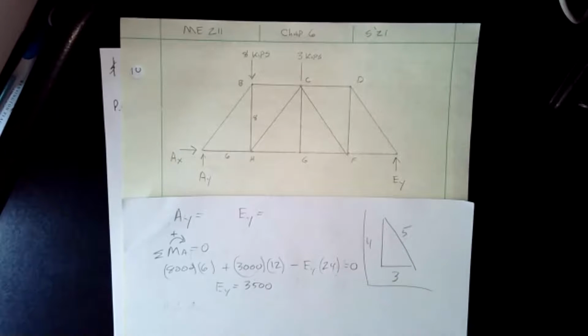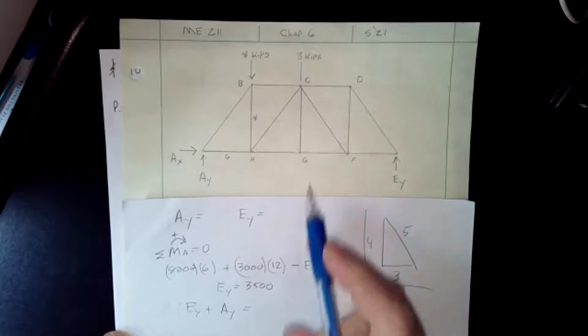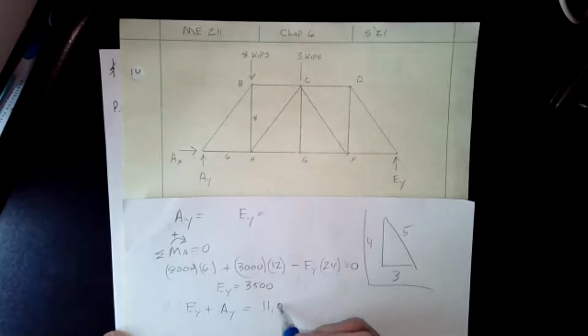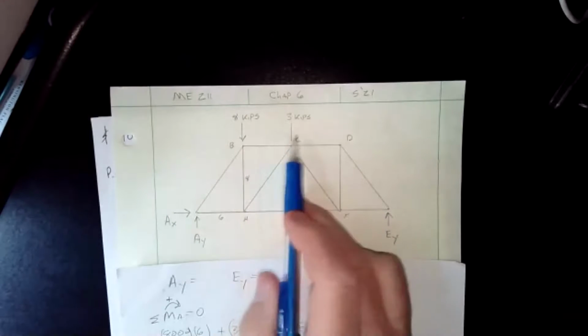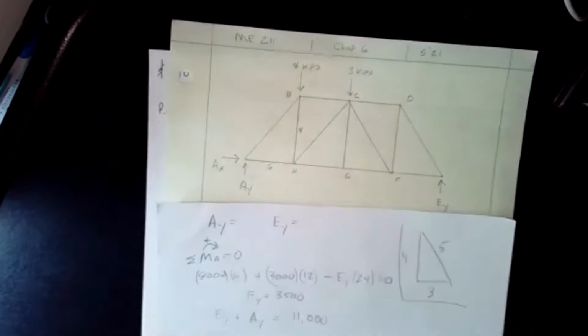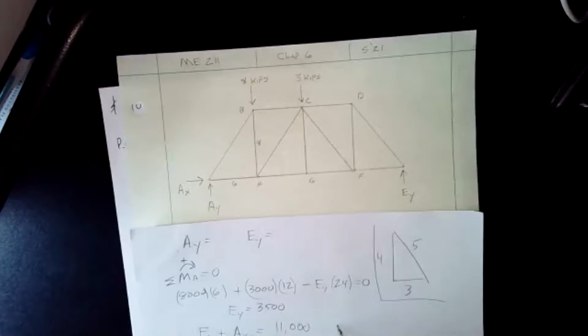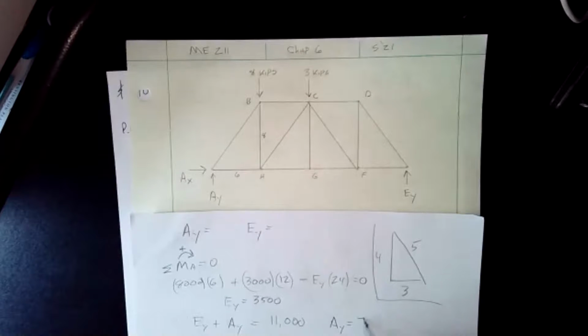So I know that EY plus AY have to equal 11,000, right? Because this and this have to equal the total up here. And therefore I can deduce, doing the math, that AY is 7,500.